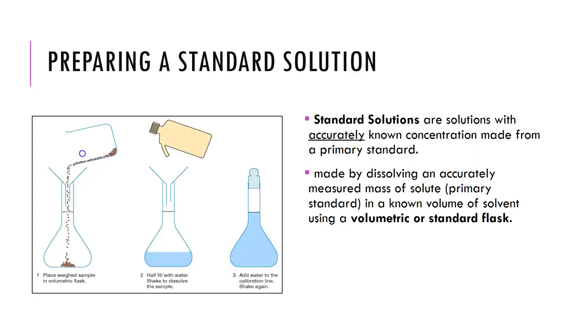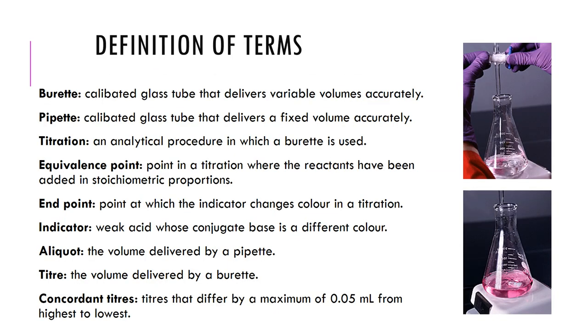Titration is the name that we give to the technique in which we do the analysis, and essentially it's any analytical technique where we use a burette to deliver a volume. The equivalence point, we talked about that when we talked about indicators, is the point where the reactants have been added in stoichiometric proportions.